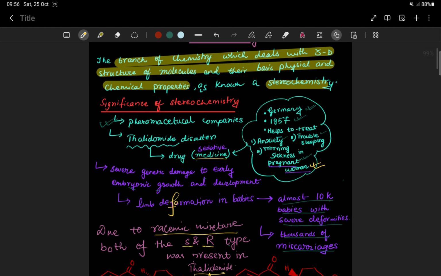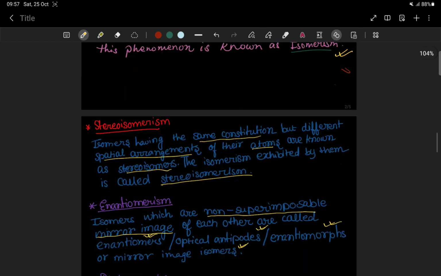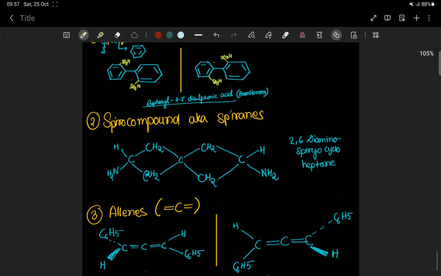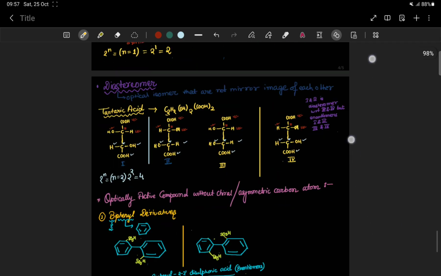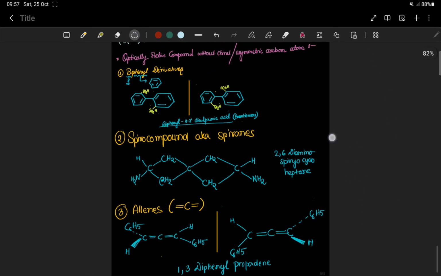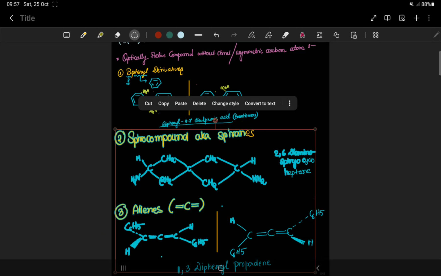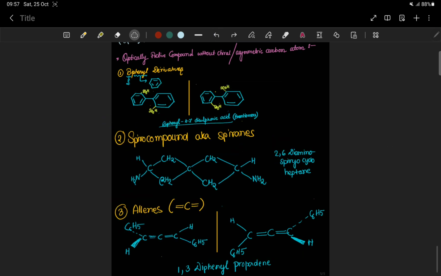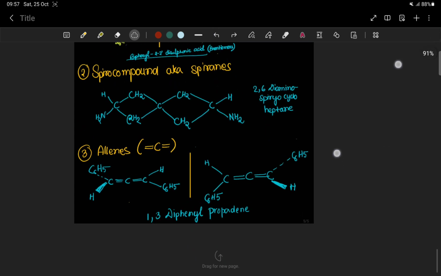And one more thing I want to add, that is the condition for a compound to be optically active. I think I have written it or not. Let me check it once. No, I have not. So let me add it over here as well. Just give me a second. I will add it with this lecture, else it will remain incomplete. Okay, just a moment.